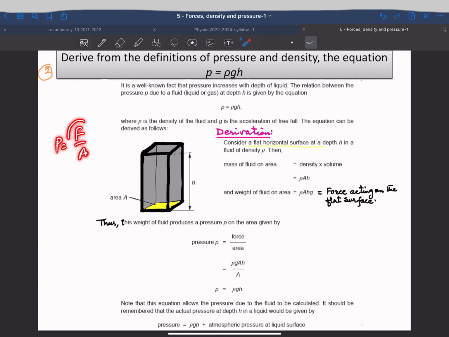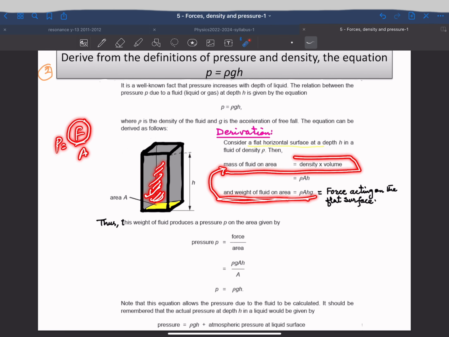So first of all you need force. So what is the force here? Here you have the force, the weight of the liquid or fluid. But what is the weight? How will you get the weight? This is the weight, but of course before the weight you are talking in terms of the mass, and to get the mass you are using this equation, density times volume. How are you calculating the volume? The area and the height. Area multiplied by height will give you the volume.